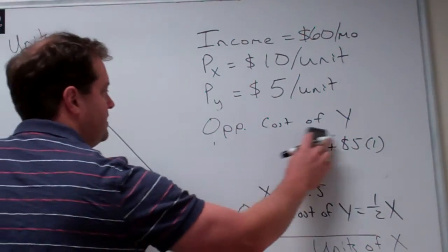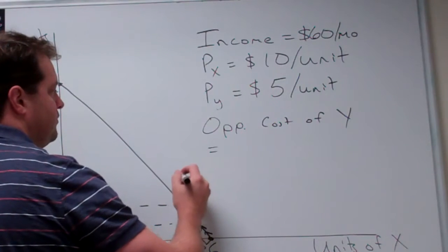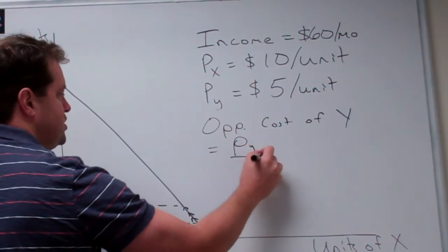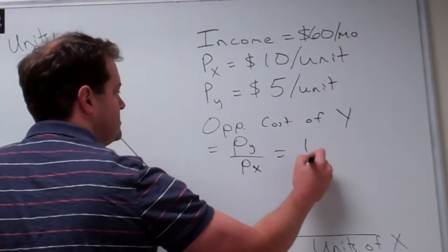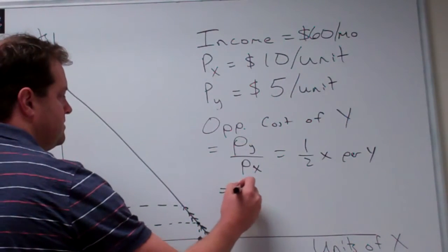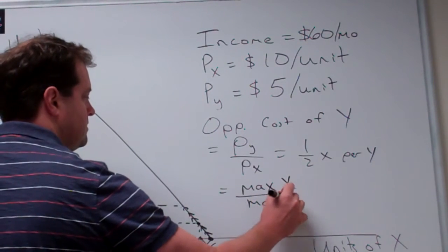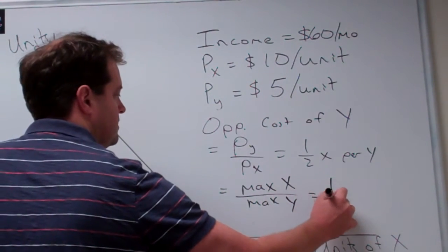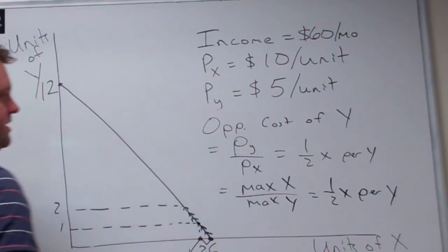Now notice here, we can also figure out the opportunity cost of Y in one of two different ways. We can take the ratio of the prices. That's going to equal 1/2 unit of X. Or we can take the maximums, and we'll end up with the same opportunity cost.